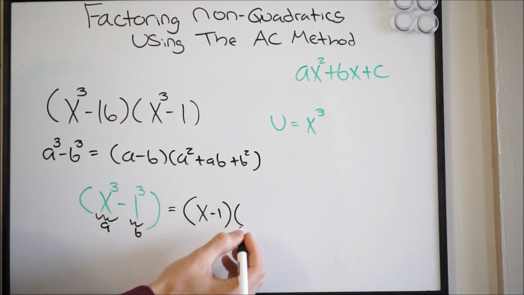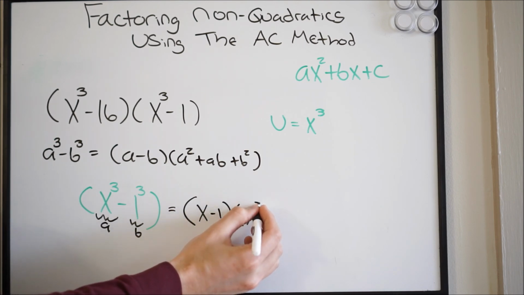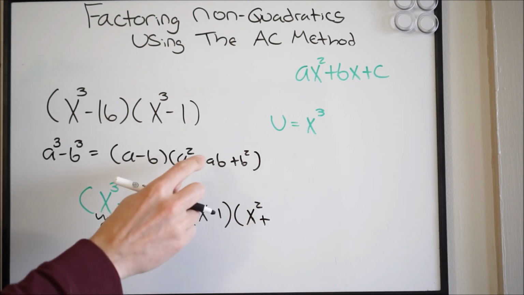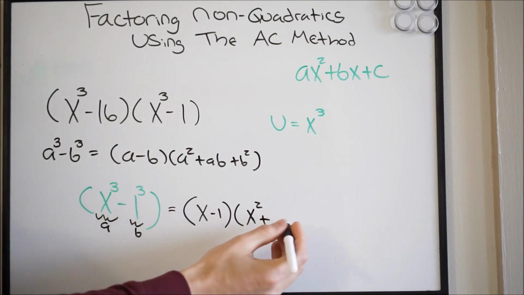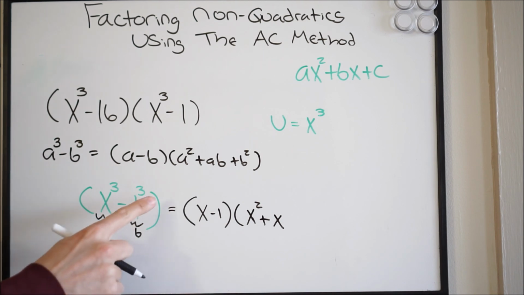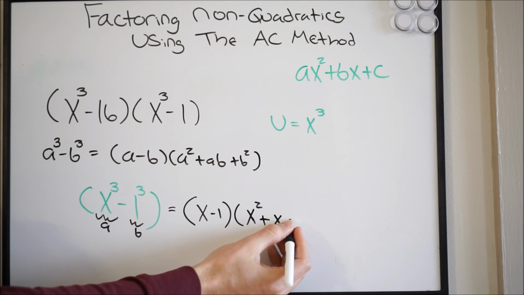And then we have x squared plus a times b, which is 1 times x, so just x, and then b squared, which is negative 1 times negative 1, or just 1.